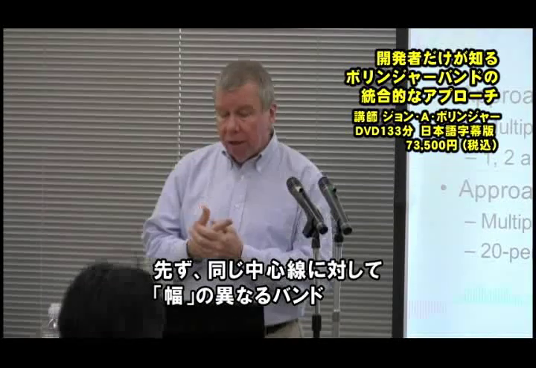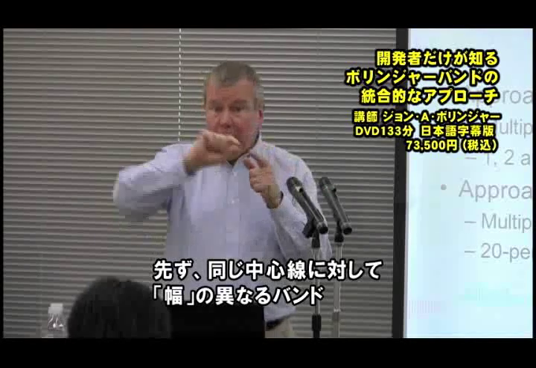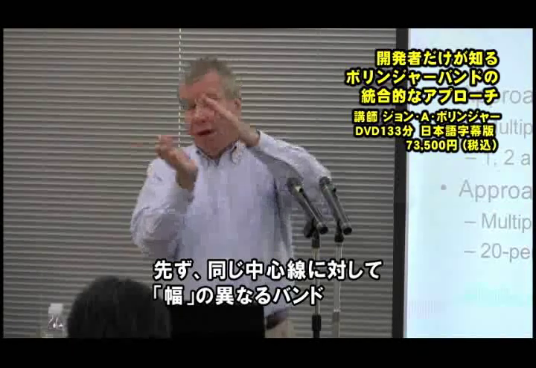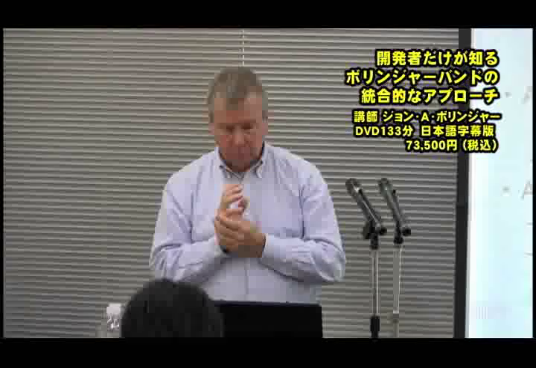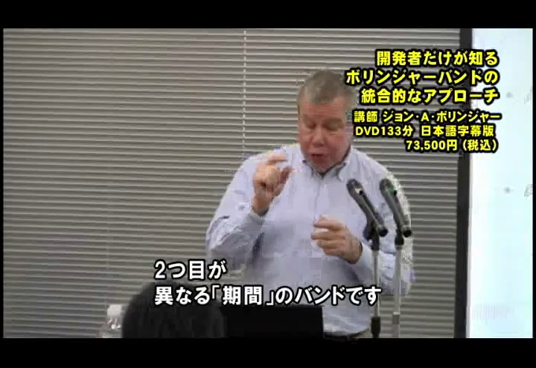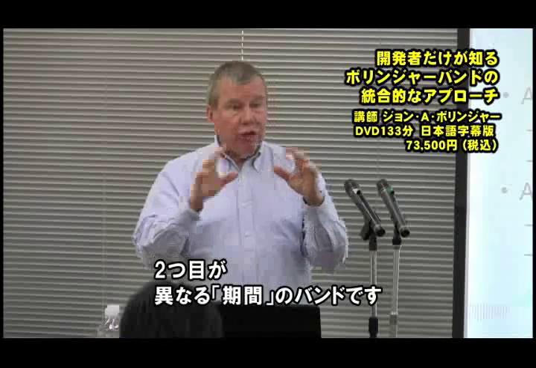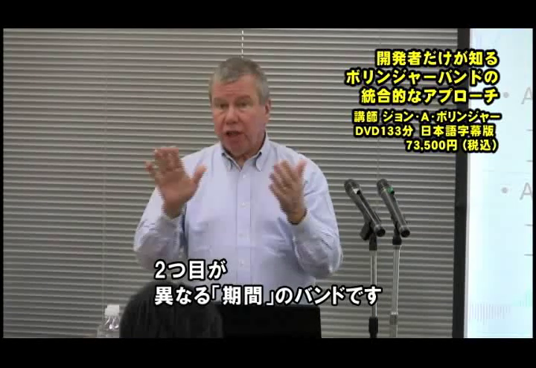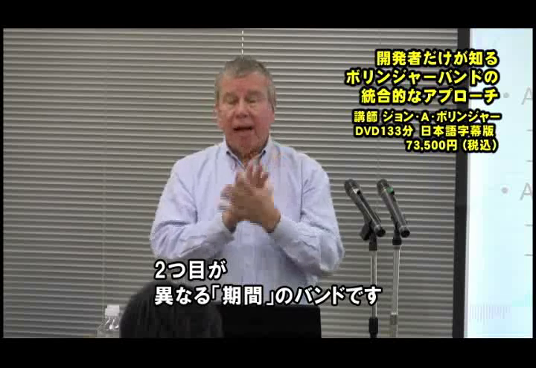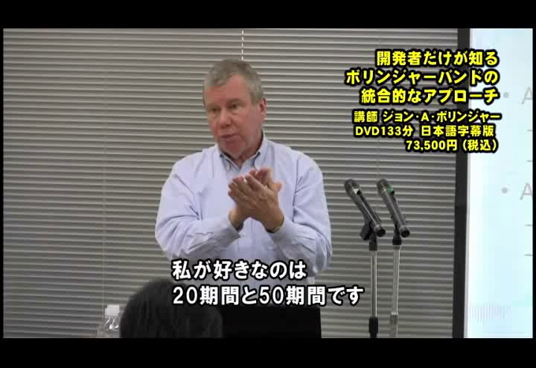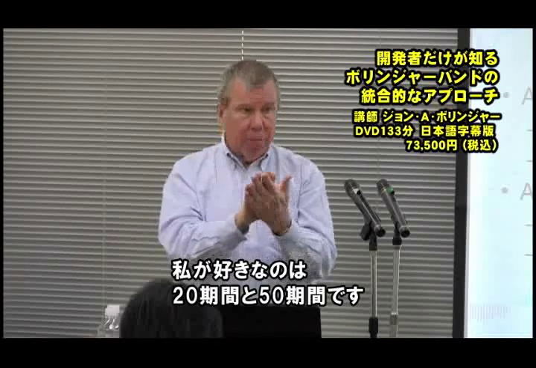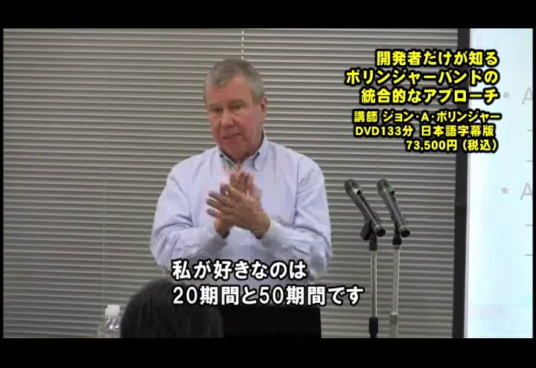Approach one is use the same middle band and plot bands of different widths around it. Approach two is you use two different periods of Bollinger Bands and plot them at the same time. My personal favorite is 20-period Bollinger Bands and 50-period Bollinger Bands plotted at the same time.